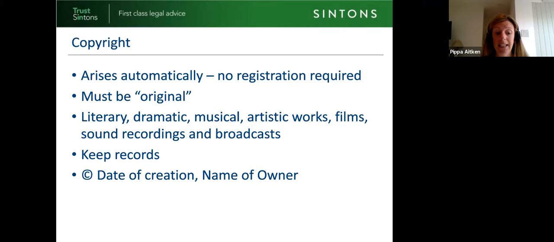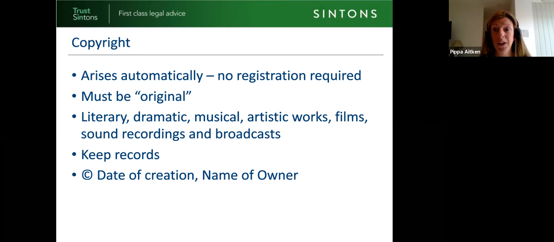Copyright subsists in literary works, so written text, dramatic, musical, artistic works such as photographs or graphics, films, sound recordings and broadcasts.